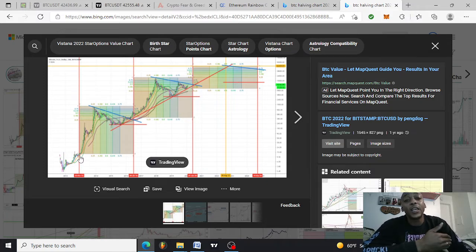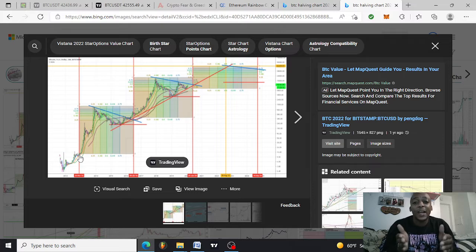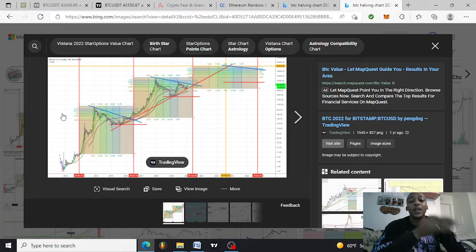And a halving is when the miners get paid half of what they get paid for mining Bitcoin, each cycle.